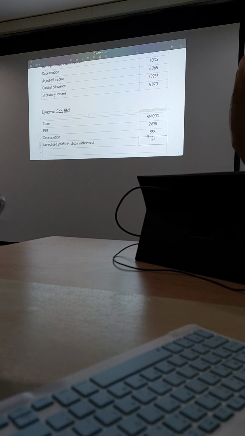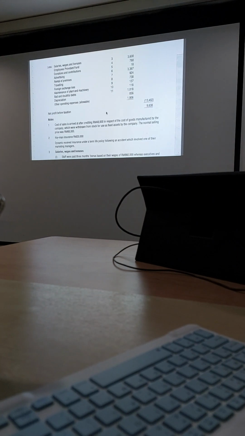So only tambah lagi 20. Are you clear? Make sense? That's basically the reason why the add back is 20. Very dangerous, that's why. You better know the rules. You did study in chapter 1. Now you understand why I said chapter 1, make sure you know properly. Stock withdrawal there.